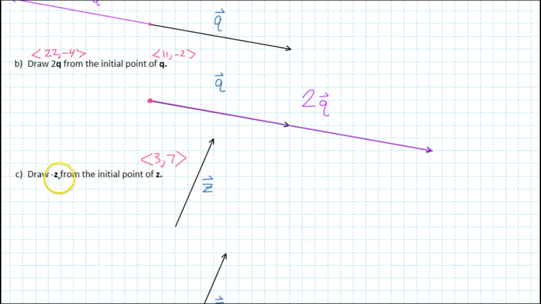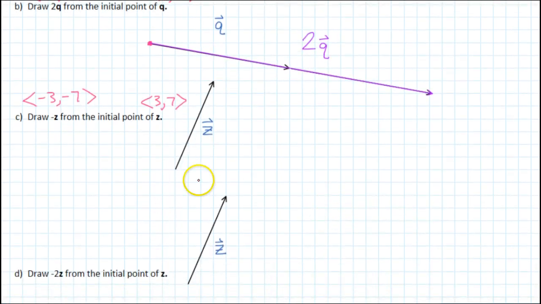So of course negative z is going to be negative 3 comma negative 7. Once I draw this, this should wind up going in the exact opposite direction. So if I go left 3 and down 7, I'm going to land right here.